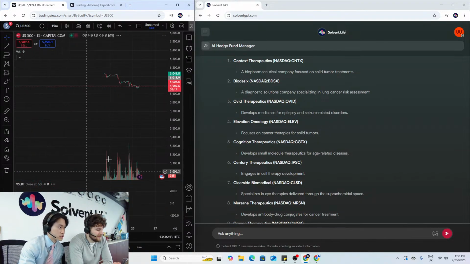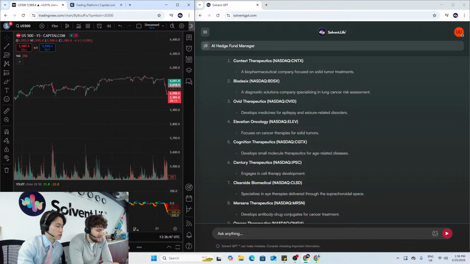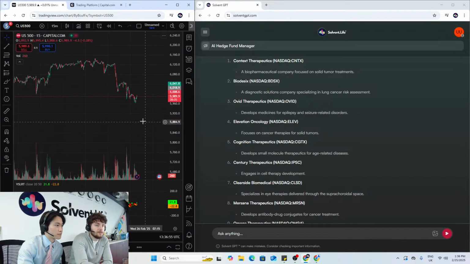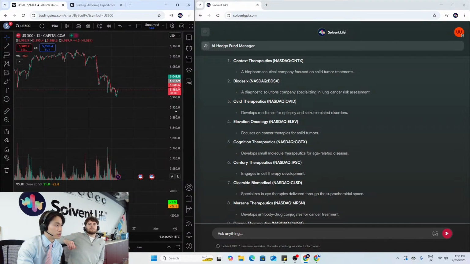So let's have a look at the 15-minute time frame. It's on a downtrend at the moment.